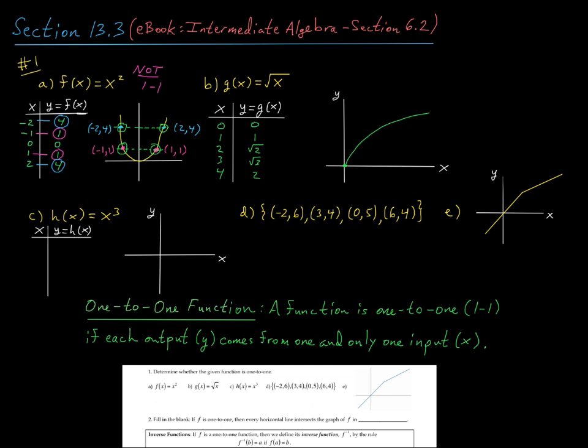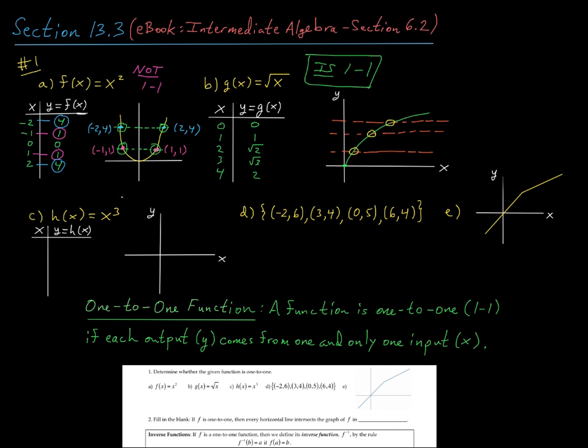Again, if I draw a horizontal line, how many times can this horizontal line intersect this curve? Well, each one of these horizontal lines is going to intersect only once. Okay, so only one intersection per horizontal line. This thing is one-to-one. So this is one-to-one. Each y is going to come from only one x here.